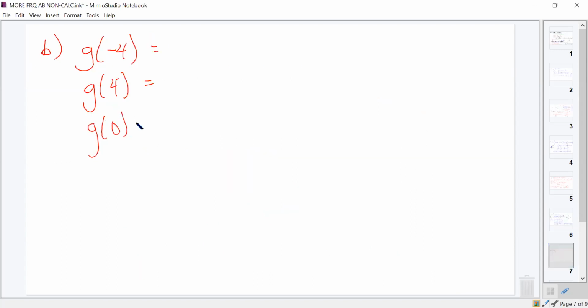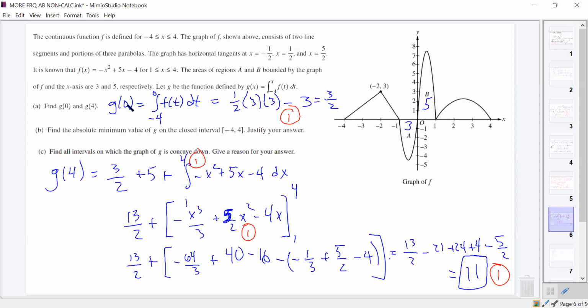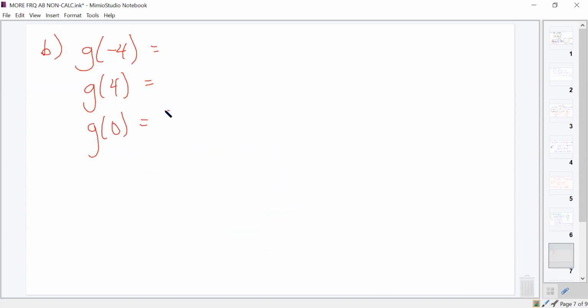So g of 0. And we've already found most of these, right? What was g of 0? Oh, g of -4 we can find easily. Oh, we did find g of 0. G of 0 was 3/2, and g of 4 was 11. And what about g of -4?